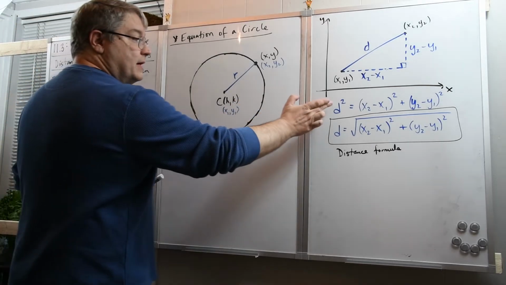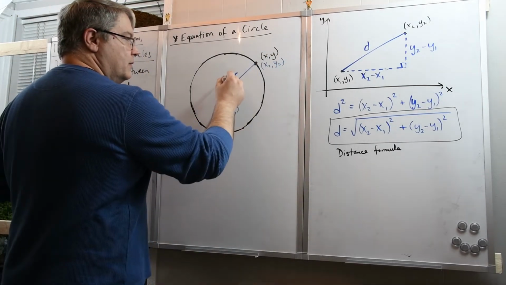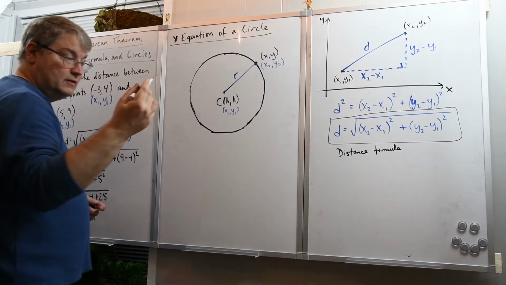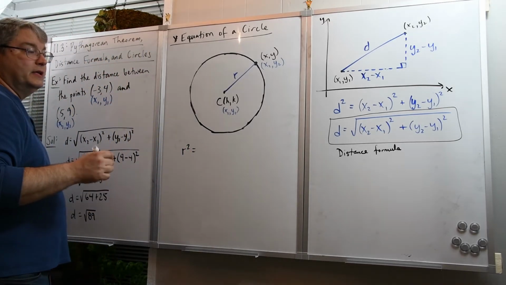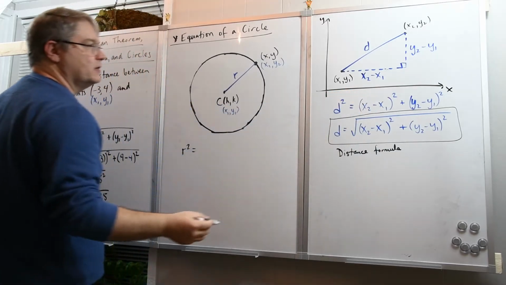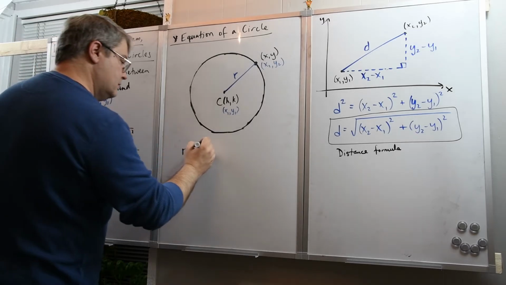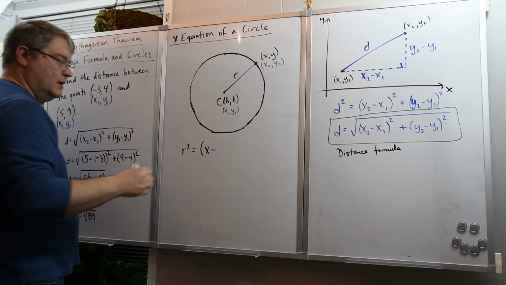We can actually go back to this form, which is really what we're going to want to do. r is the distance, so that left side, distance squared, will be r squared. And that'll equal the square of x2 minus x1. Well, x2 here is x. We're going to subtract x1, which is h in this case.